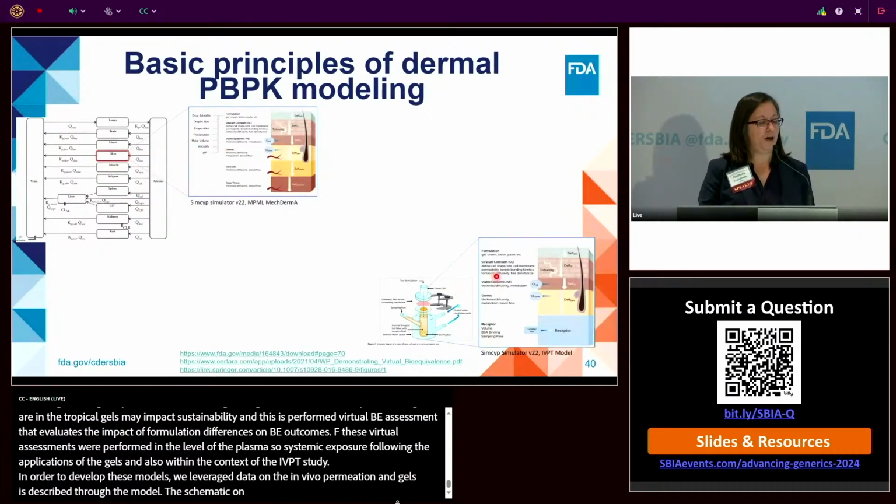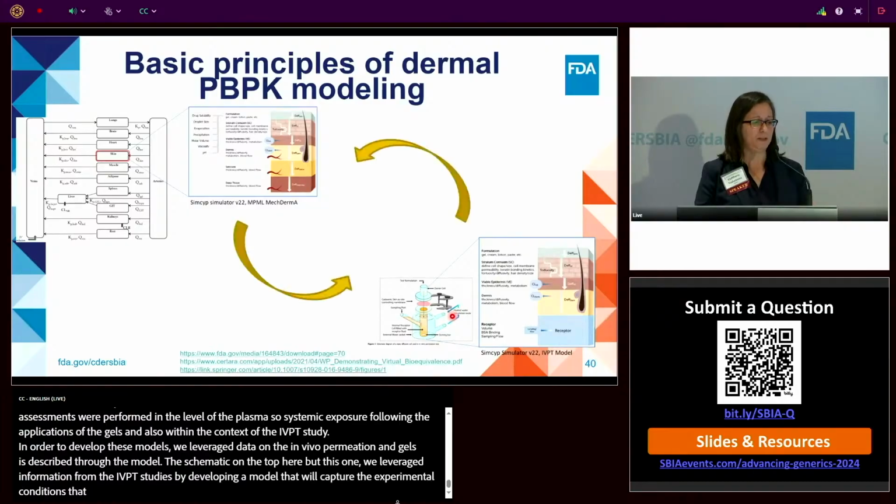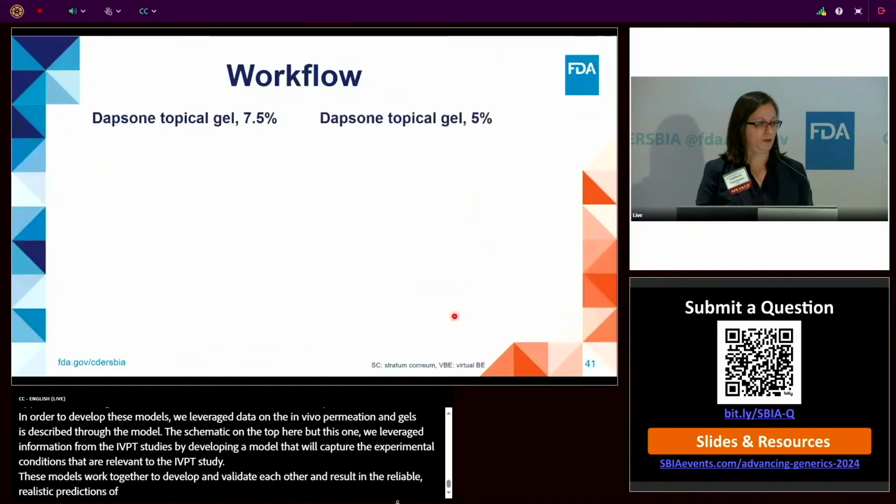But also, at the same time, we leveraged information from IVPT studies by developing an in silico IVPT model that really captured all the experimental conditions that are relevant to an IVPT study. These models work together to develop and validate each other and result in reliable, realistic predictions of Dapsone permeation through the skin and absorption into the systemic circulation.